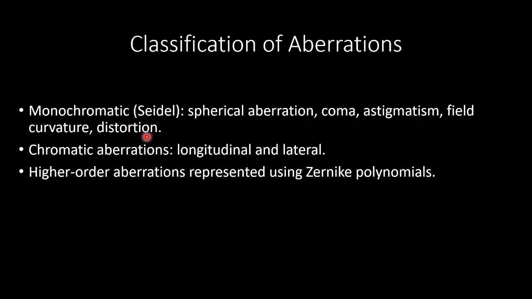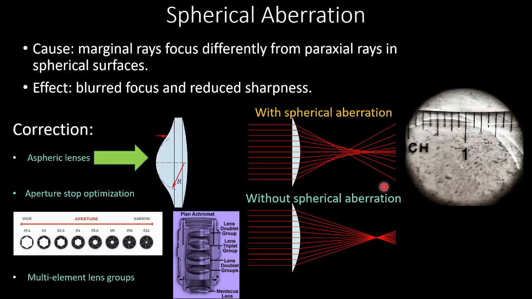The second category is chromatic aberration, which happens because different wavelengths of light bend differently inside a material. Beyond this, we have higher order aberrations, which are more complex residual errors represented mathematically using Zernike polynomials. So let us understand each aberration one by one.